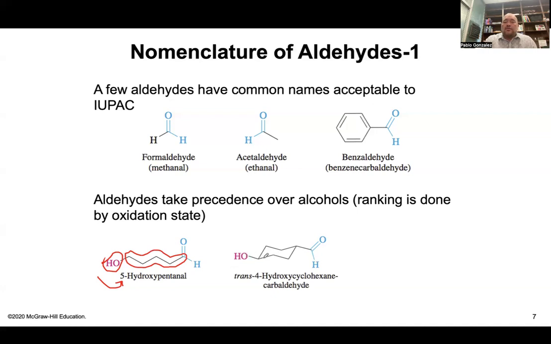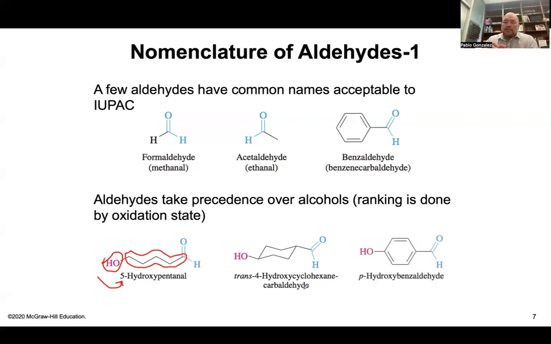So it's going to be 4-hydroxycyclohexane carbaldehyde. Now, these two groups are on opposite faces of that cyclohexane, so that's what is known as trans. This one is looking up and this one is looking down. So that's why it's trans-4-hydroxycyclohexane carbaldehyde.